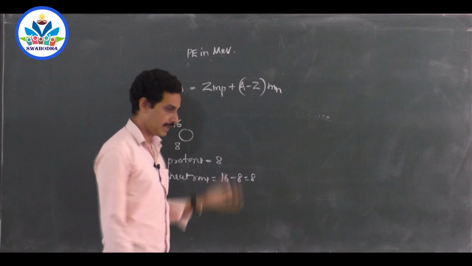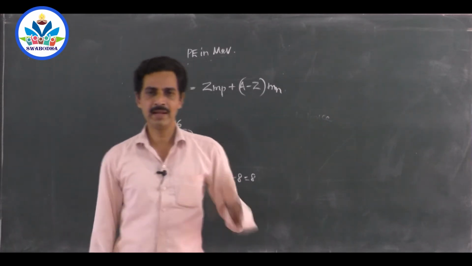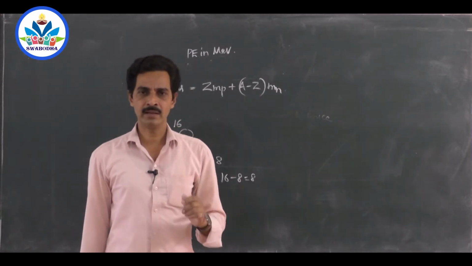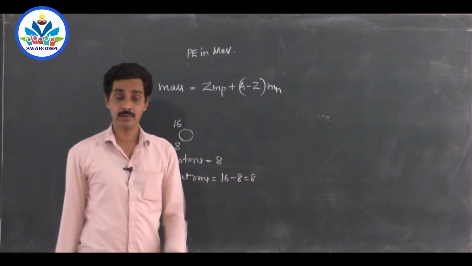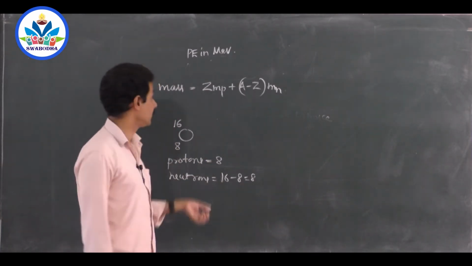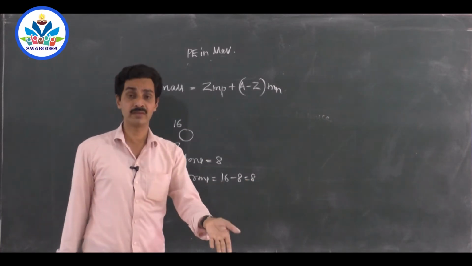But surprisingly, if you take that oxygen nucleus and weigh it, it will weigh less. So does it mean that there are no 8 protons and 8 neutrons inside? There are 8 protons and 8 neutrons. Then what is the problem? Why is the calculated mass of 8 protons and 8 neutrons not equal to the mass of the nucleus of oxygen?